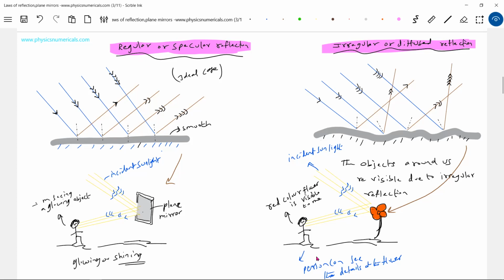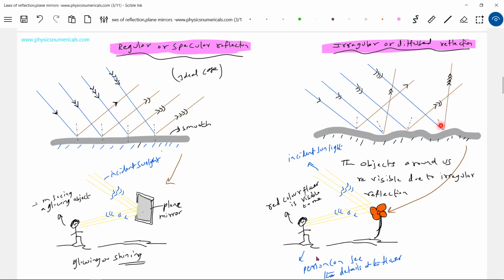Therefore, the objects around us are visible due to irregular reflection or diffuse reflection. Are the laws of reflection invalid? No. The same parallel beam of light is incident. Only thing is, here the surface is smooth, and the normal I made is oriented vertically. As this is rough, the normal at different places will be oriented in different directions, so the angle of incidence will be different.